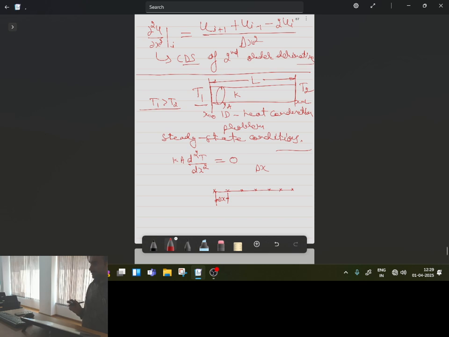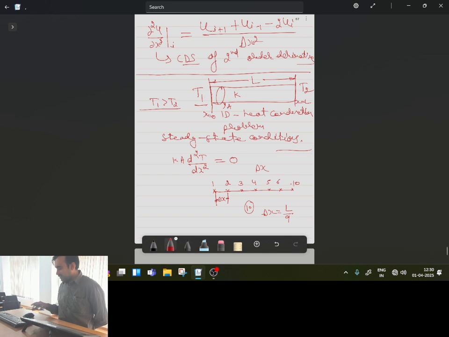Is this one clear? Now this will be 1, 2, 3, 4, 5, 6, and so on. If I consider that I have 10 node points, then what will be my delta x? L by 9, because I have to consider the gap between the two. Okay, is this one clear?